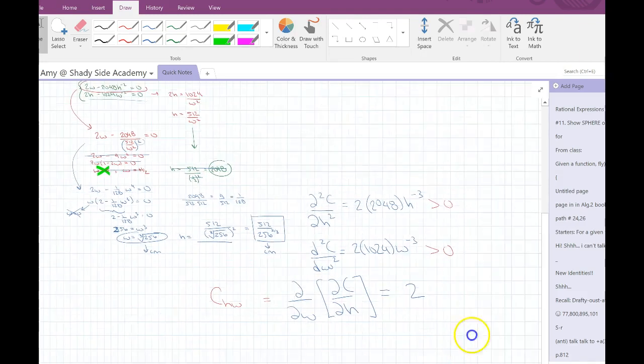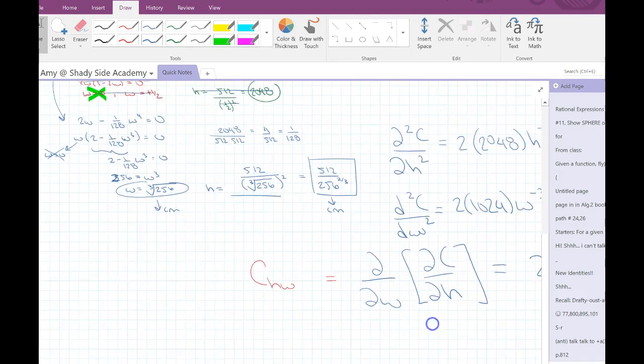And remember the second partials test, the second derivative test for extrema, says let D equal f sub xx times f sub yy minus f sub xy squared.